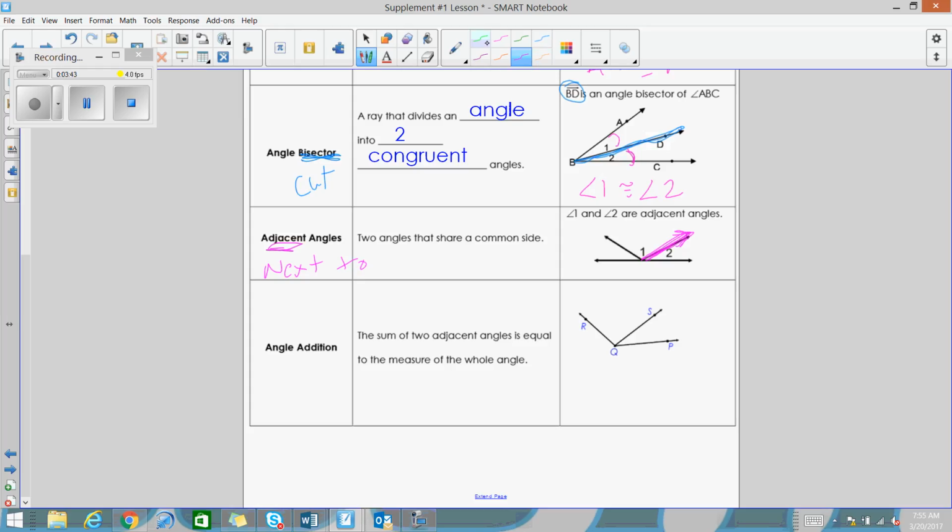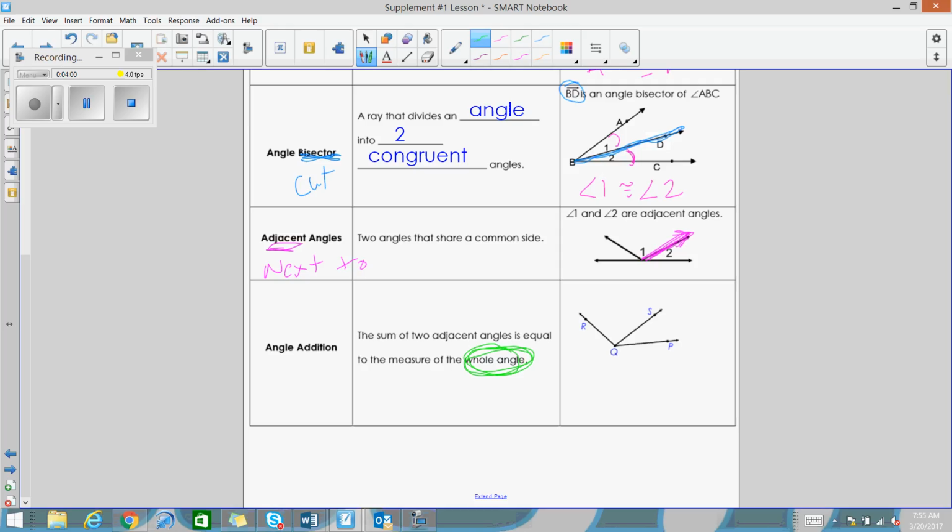Now, the next thing we're going to talk about is something called angle addition. Angle addition means that if we were to take two angles and add them up, they would add up to equal a whole entire angle. So what I mean by that is this.